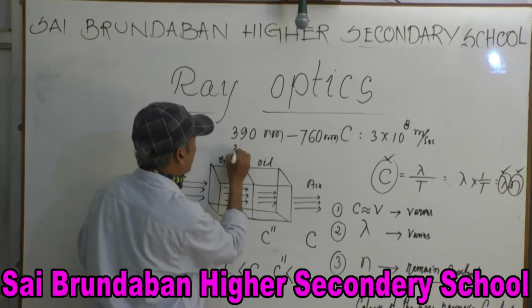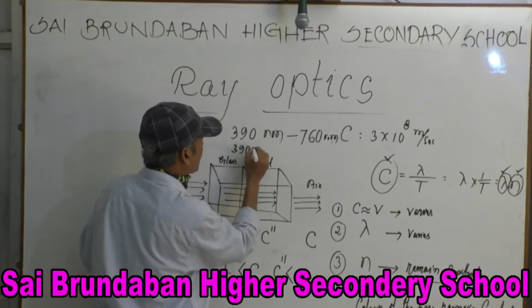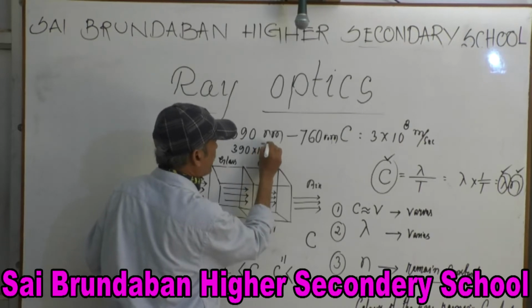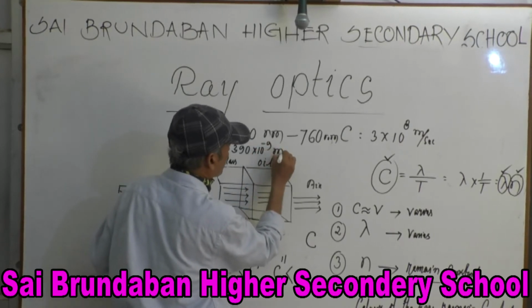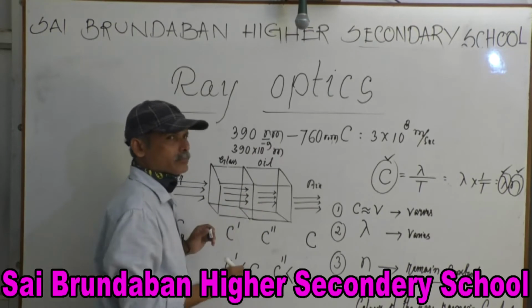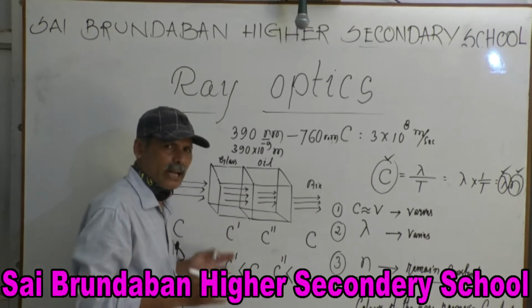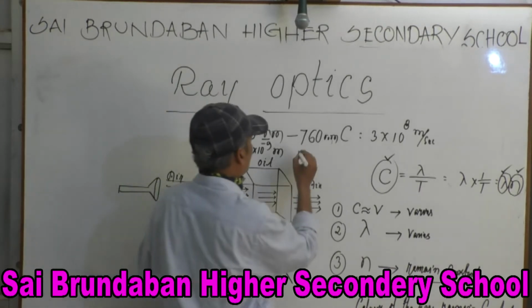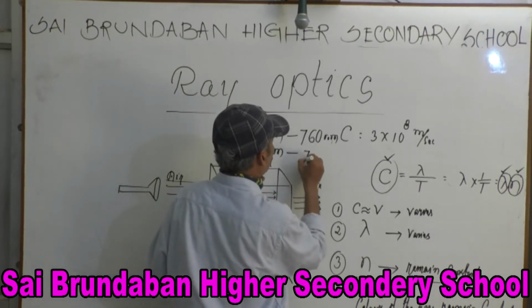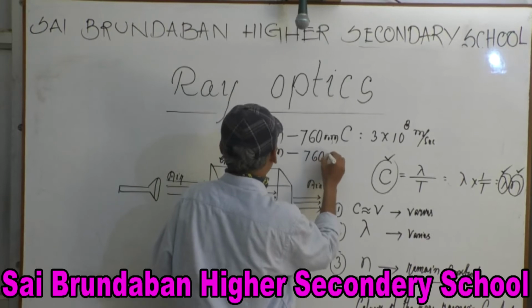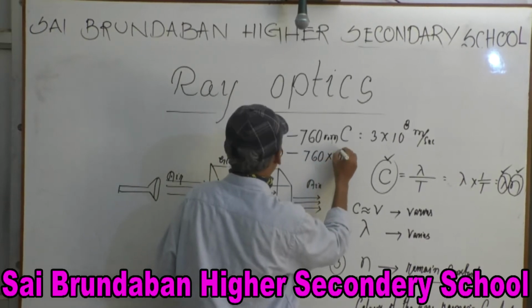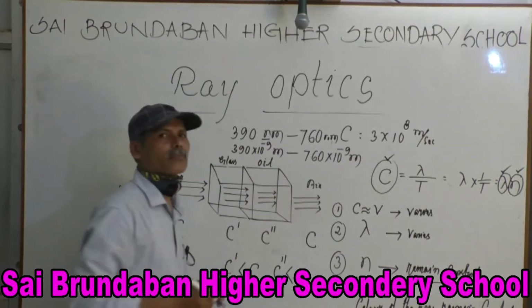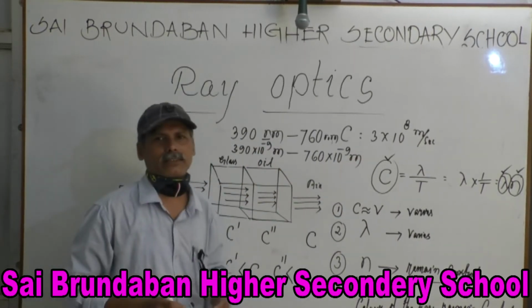That means it is 390 into 10 to the power minus 9 meter. Nano, milli, micro, nano: 10 to the power minus 3, 10 to the power minus 6, 10 to the power minus 9. And this is 760 into 10 to the power minus 9 meter. This is the range of the wavelength.